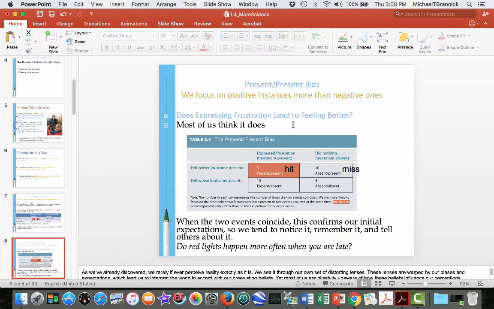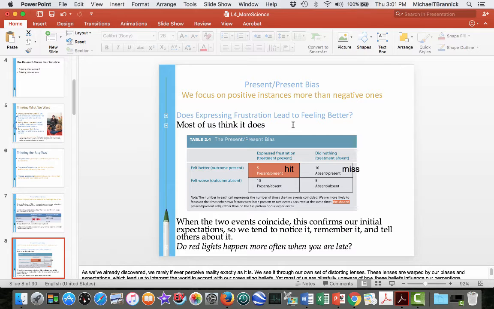So what happens is, in this present-present bias business, we think there's an association between the two because we remember the two things going together. We remember we expressed our frustration and then we felt better. So we figure those two things are associated, even though they may not be, or it might actually be the other way around.